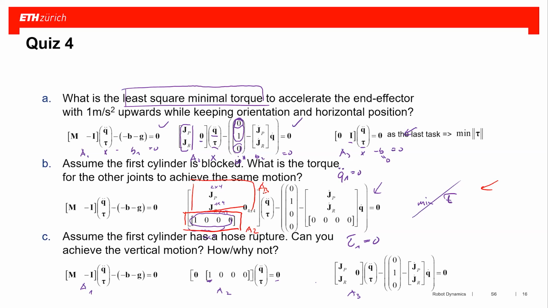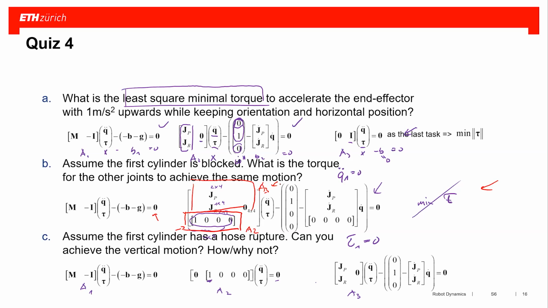Otherwise, the solution is not valid. In other words, this solution, if I would have here A2 and A3 in a hierarchical manner, that would also generate a correct solution, which is correct with the dynamics and correct with the constraint that the first cylinder is blocked, even if you're in a singular configuration, which means that the third task here cannot be entirely fulfilled anymore.